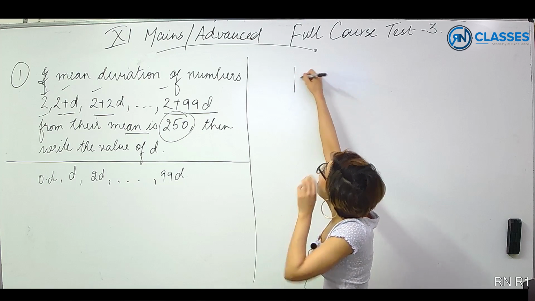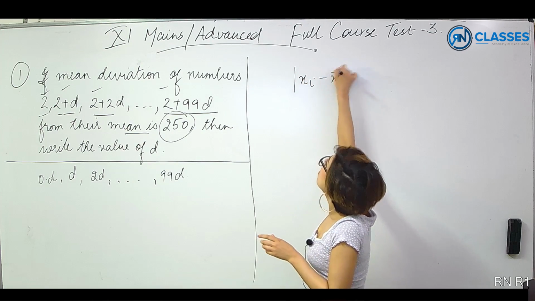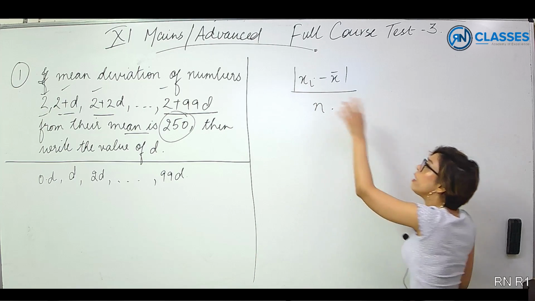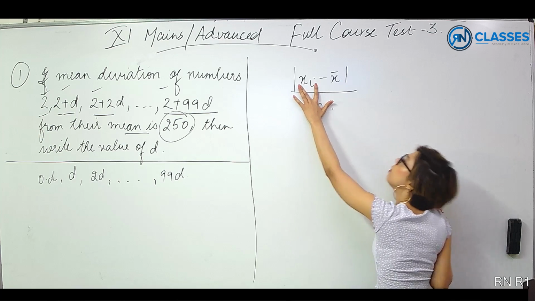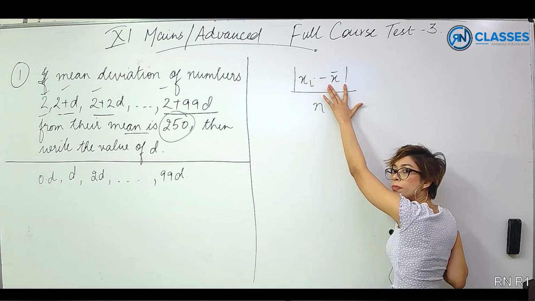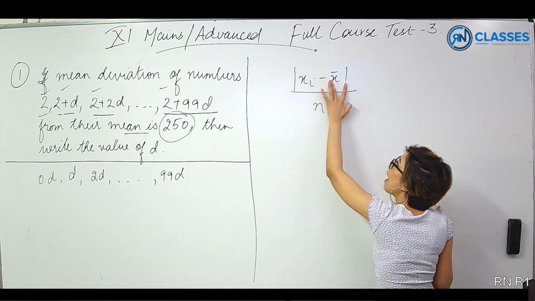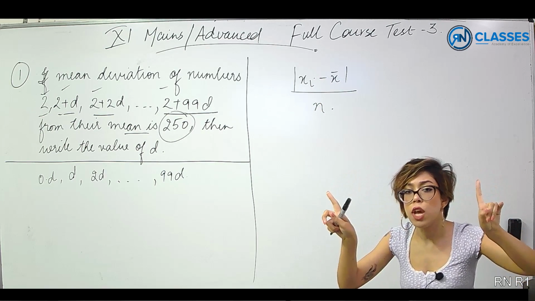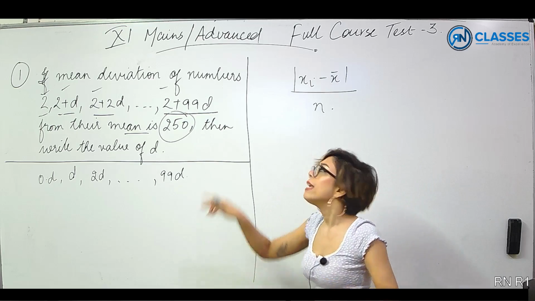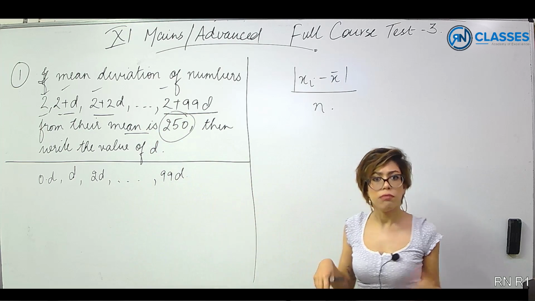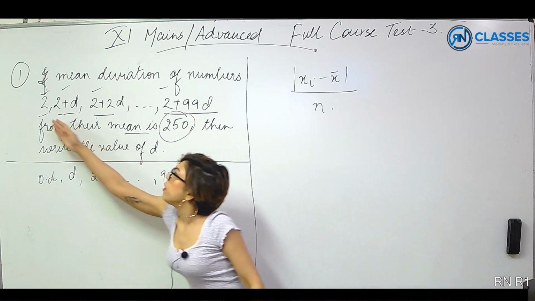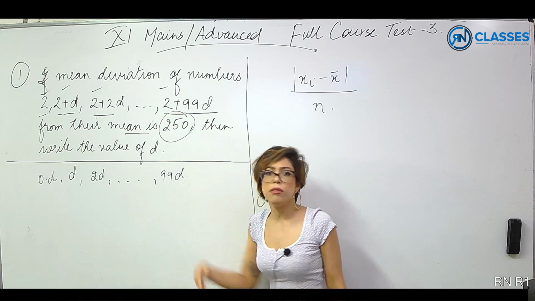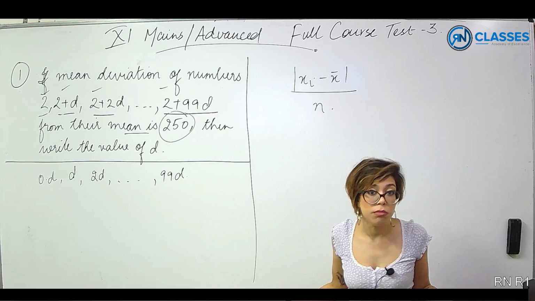That was mod of xi minus x bar divided by the number of observations. Right? If I'm adding 2 to each observation, the mean will also be added by 2. Right? But the difference will make sure that the addition of 2 to each observation does not have any impact on the mean deviation from the mean. Right? So let me just get rid of it. Might make my calculation easier, right?